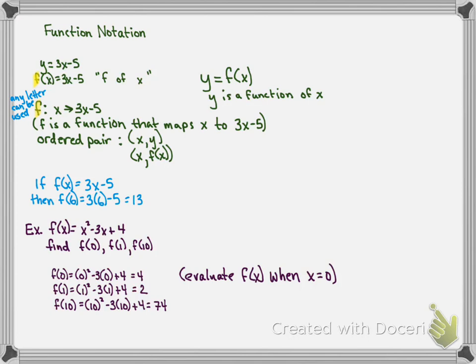Remember, this first one is evaluate f of x when x is 0. The second one would be evaluate the function f of x when x is 1. We could also say for the last one, f of 10 represents what the function equals when x is 10. So these are all different ways of using function notation.